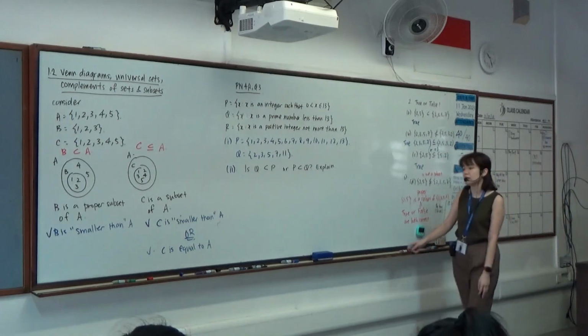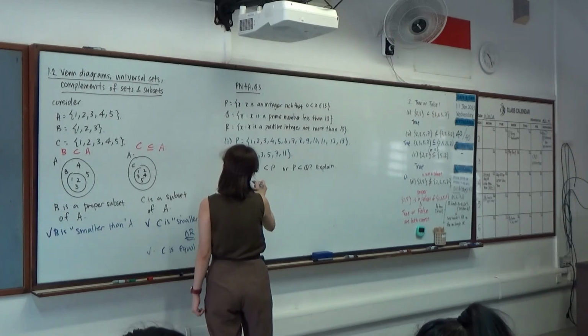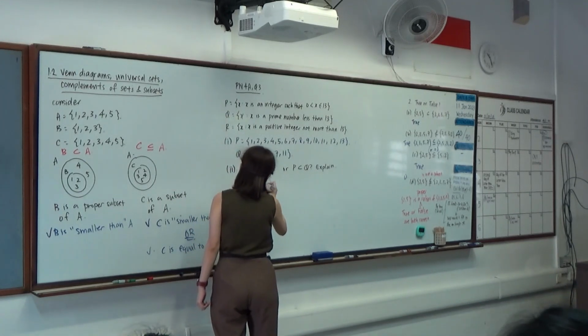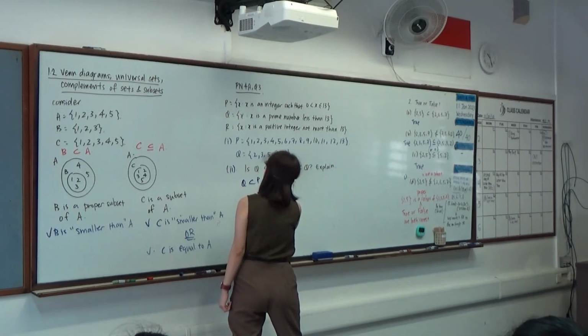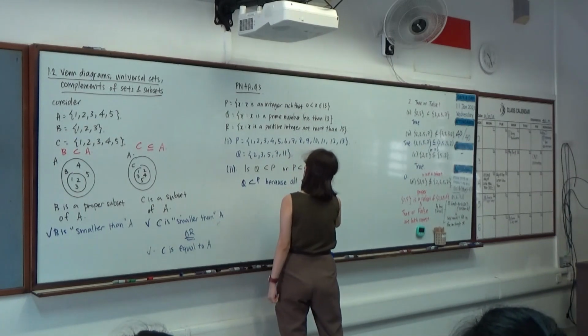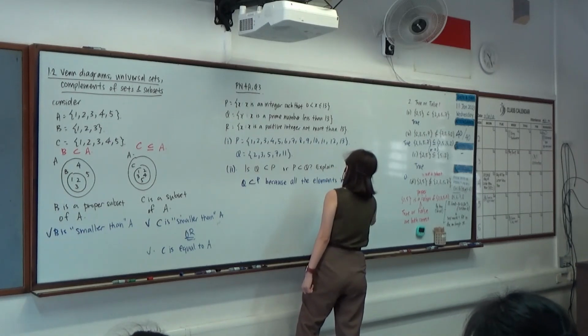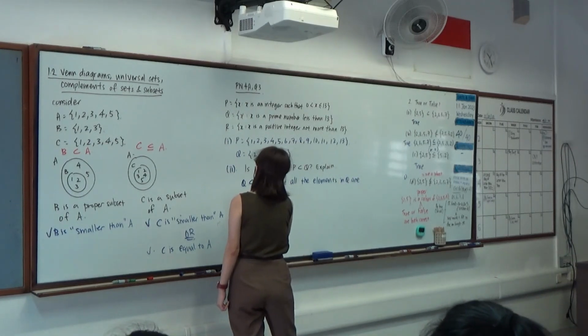Option 1, right? So Q is actually a proper subset of P, and in order to explain that, how do you explain that, Kiai? Very good. Because all the elements in Q are in P.